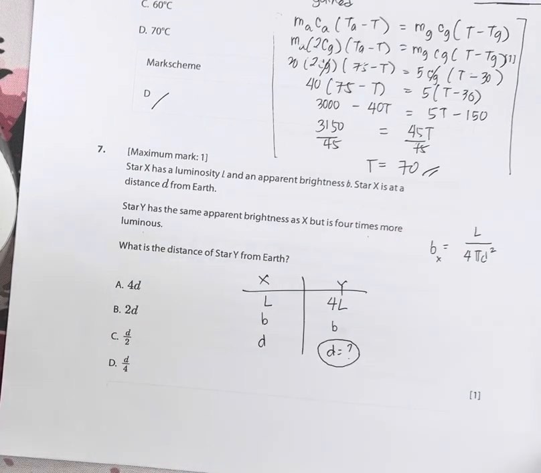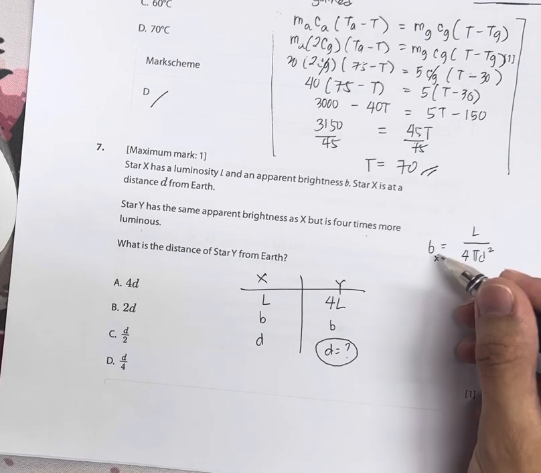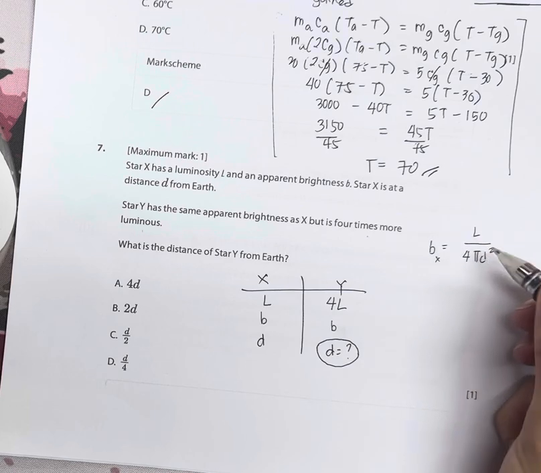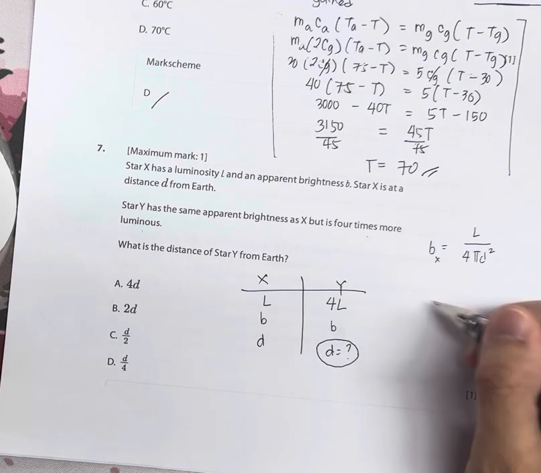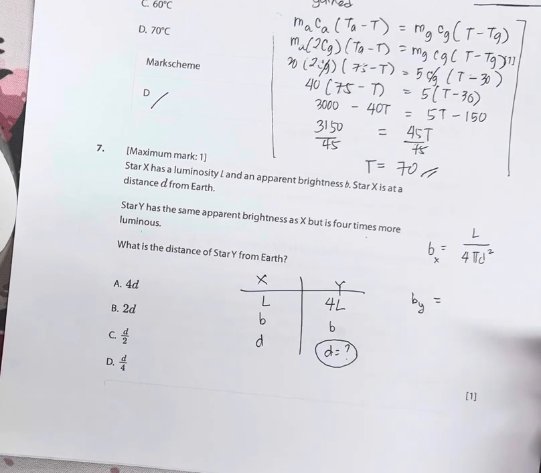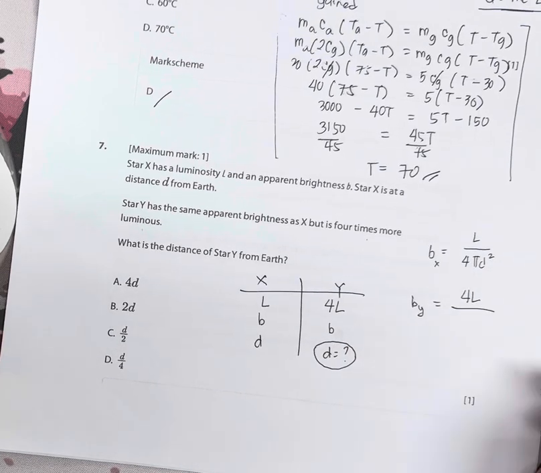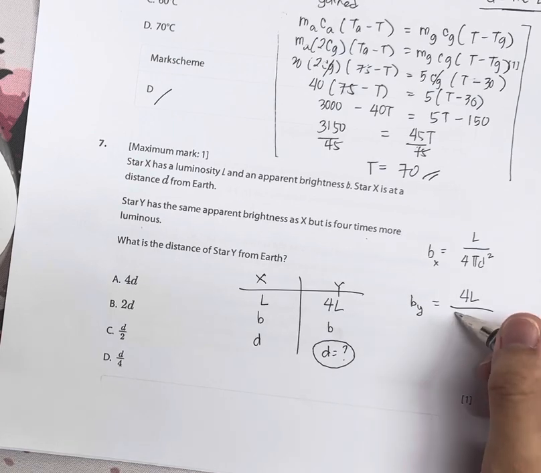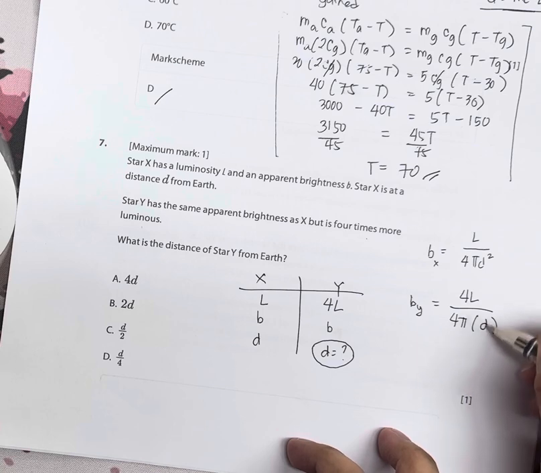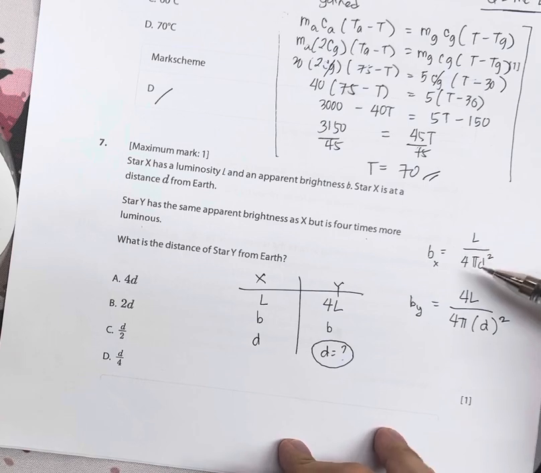And these are our choices over here. First of all, because the apparent brightness is the same, I technically should still have this value for Y. So before anything else, if I were to ignore X, I will just replace L with 4L, because we're talking about Y now. Now this is the question: what will I insert to that letter D so that this will still equal this one at the top?